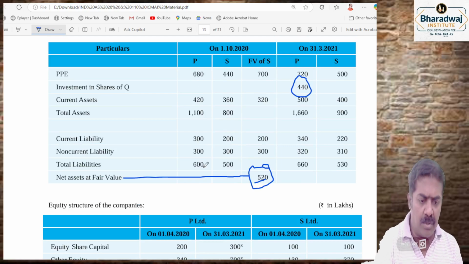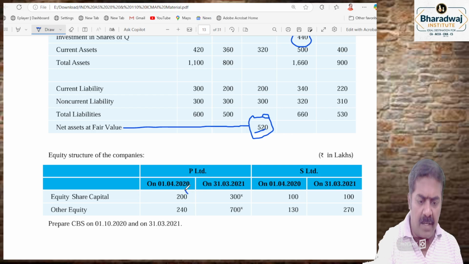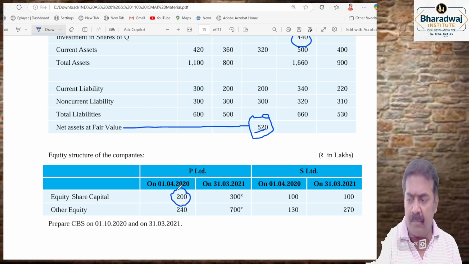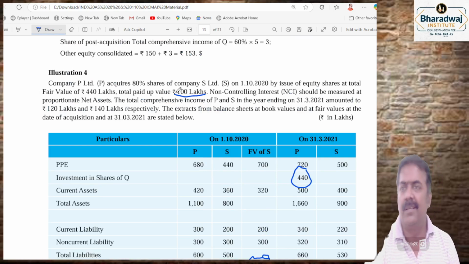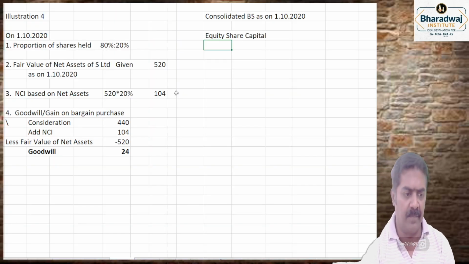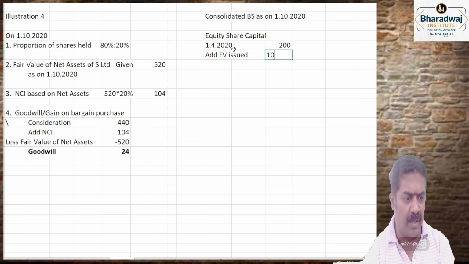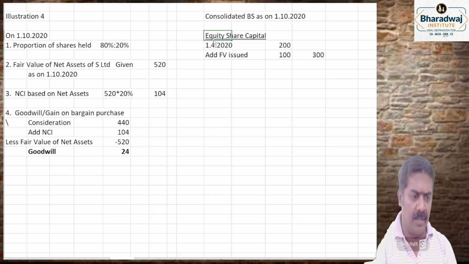On 1/10/2020, what was the opening balance? 200. We issued the shares for getting control over the other company. Equity share capital on 1/4/2020 was 200. Add face value issued for acquiring control, 100. Totally 300 will be the equity share capital component.